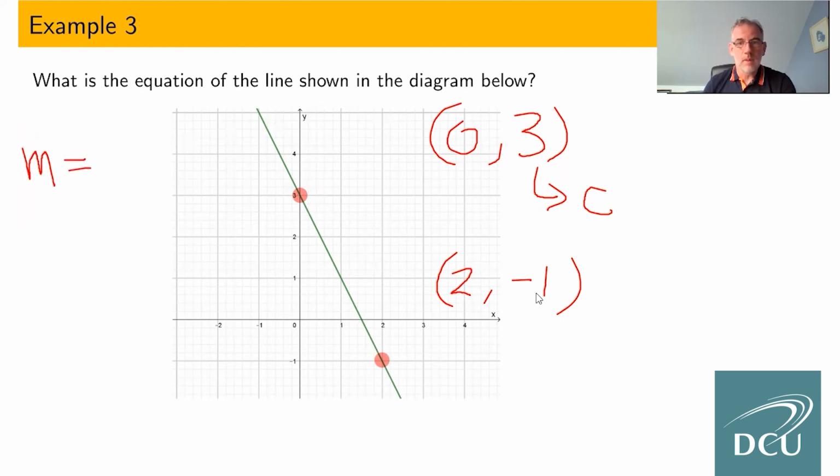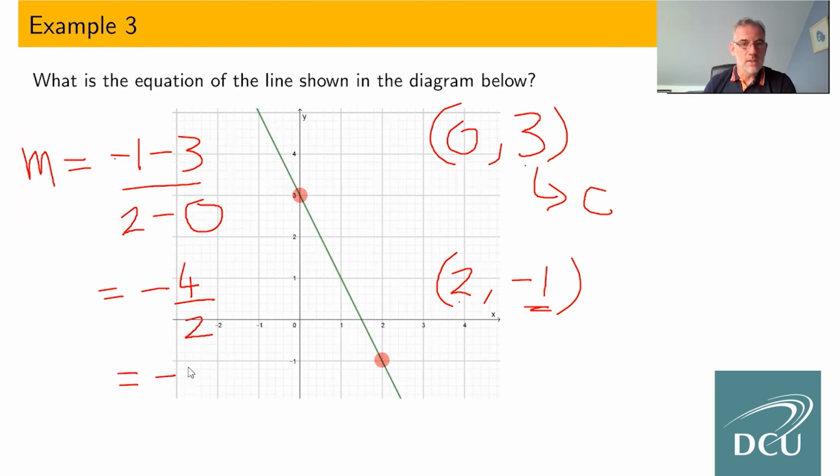That will be y2 take away y1, so -1 take away 3, all over x2, which is 2, take away x1, which was 0. That's -4 over 2, in other words, -2.